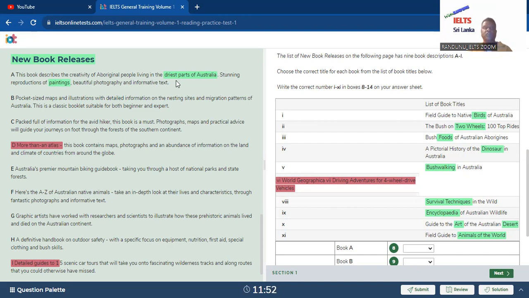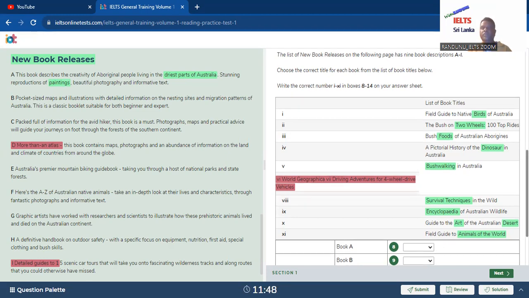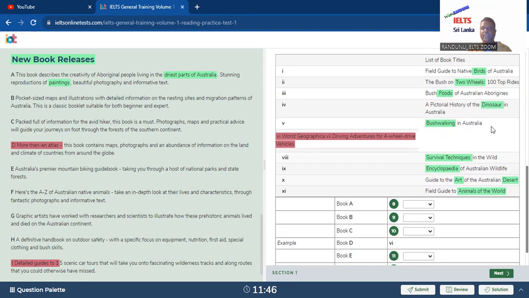So this A is 10. What you have to do is select 10 here for A.